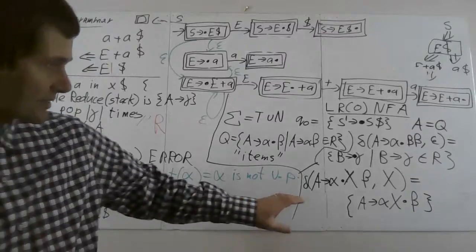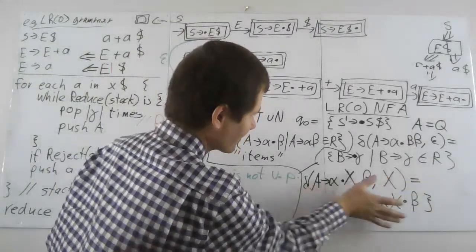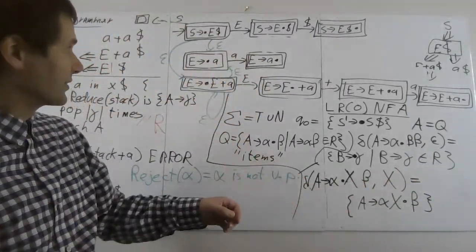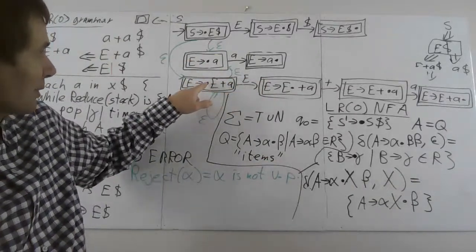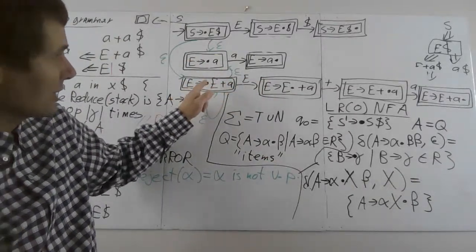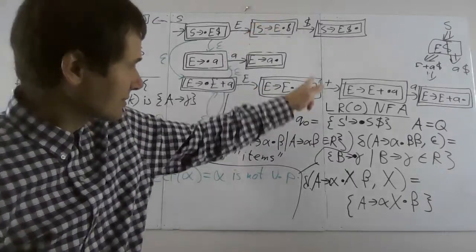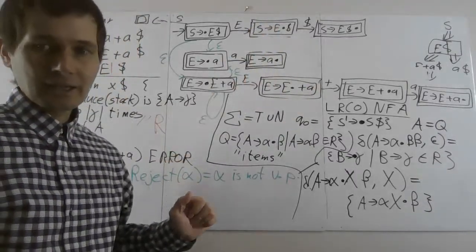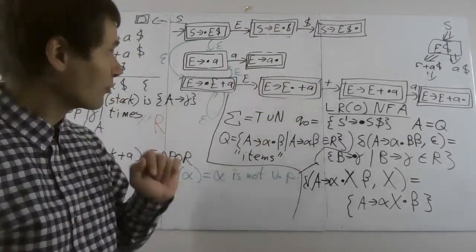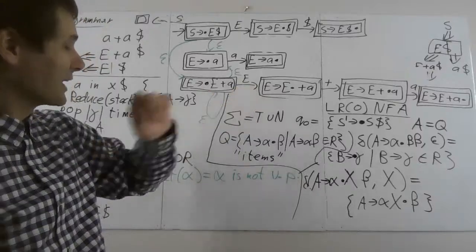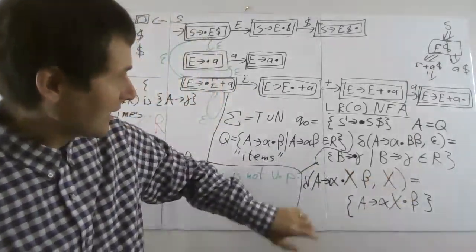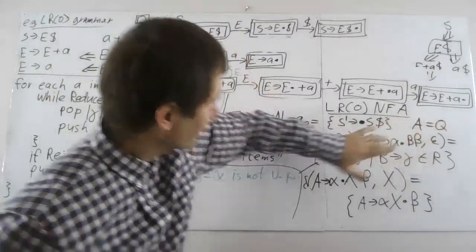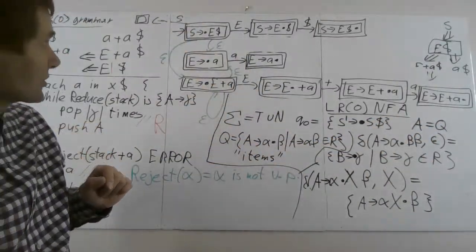So I guess this second transition is the obvious one, the black transitions. When the dot is before a symbol, you have an edge that causes the dot to jump over that symbol, reading that same symbol from the input. And then this transition is the epsilon transitions.